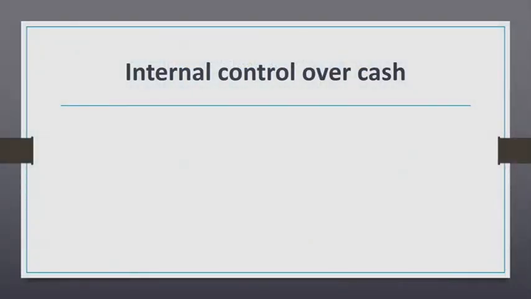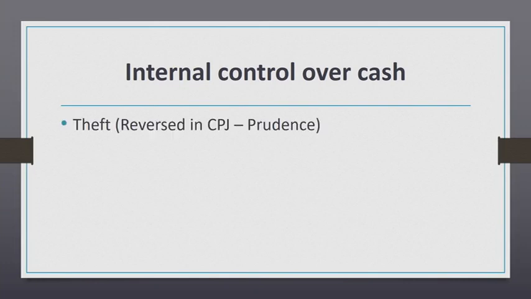Then also we have internal control over cash. Also questions that can be asked on that. There can be theft. We will cover that in one of the activities, where the person going to the bank will be robbed or something, or that person can take the money for themselves. Obviously, if we cannot get that money back, we have to reverse that entry in the CPJ.